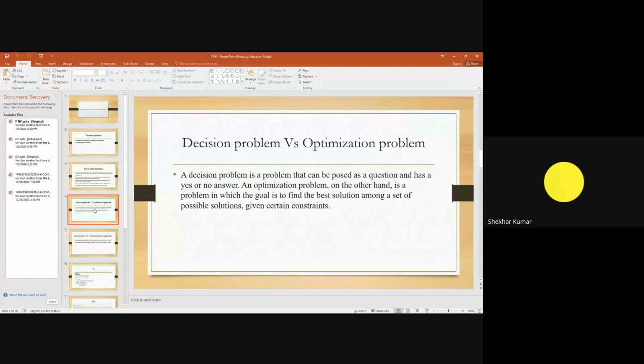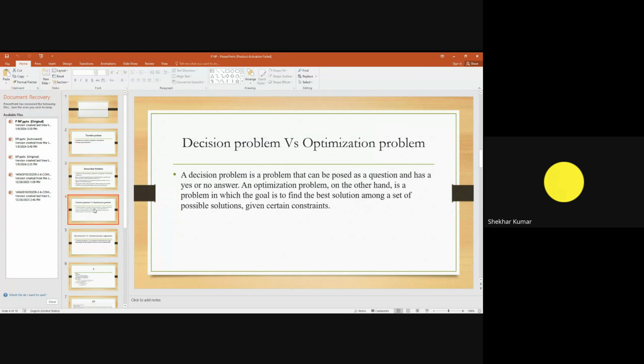In the decision problem, you can phrase your answer as either yes or no. Does the given graph have an odd cycle? You can say yes or no. Or, to find the shortest path between 2 points, you can check: is there any path between 2 points? You can say yes or no. This is your decision problem.